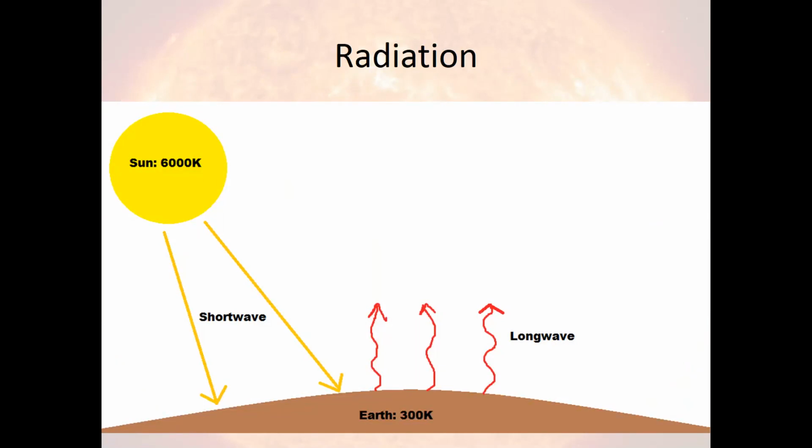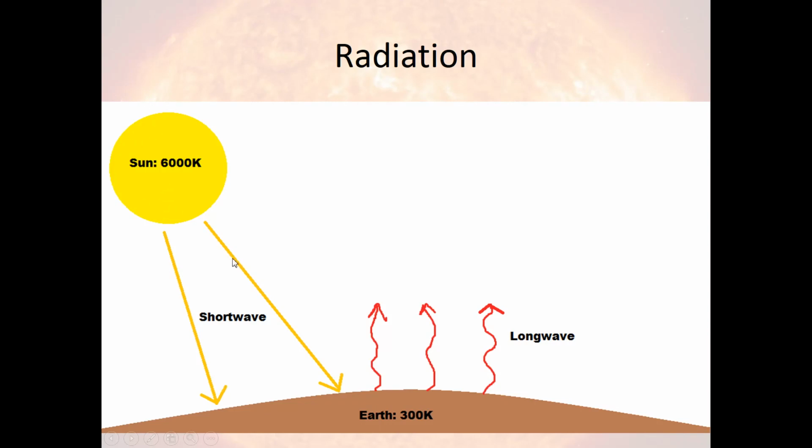So, with this said, here's how this whole process works. And this is the last thing I'll mention before we move on into some other interesting things in the next few lectures. The way this all works is we start with our sun, nice and hot, temperature of 6,000 Kelvin, and it shoots off shortwave radiation to our Earth.